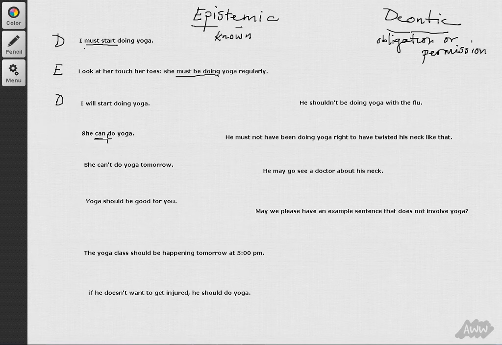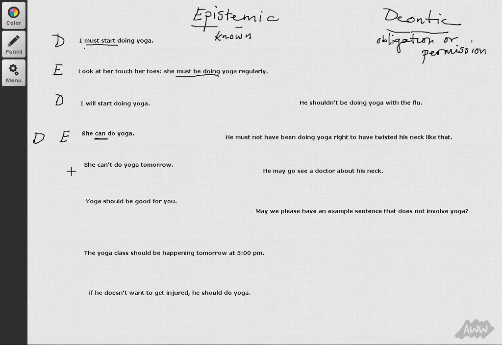We're having trouble in our language right now with the form can. So if we interpret this sentence, she can do yoga, and we can say because her mother said she could, well, that would be a deontic meaning. If she can do yoga and she is able to, and we know that, that would be an epistemic meaning.